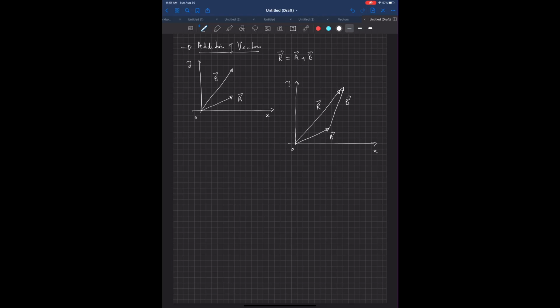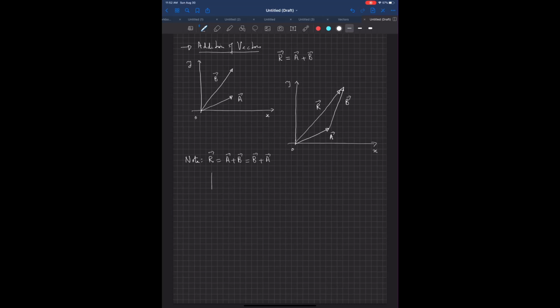Now there's an important point to note. So let me write that down here. Note, R can be obtained as the sum of A plus B, as we just saw, but that is also equivalent to the sum of B plus A. So let's see if that's the case.